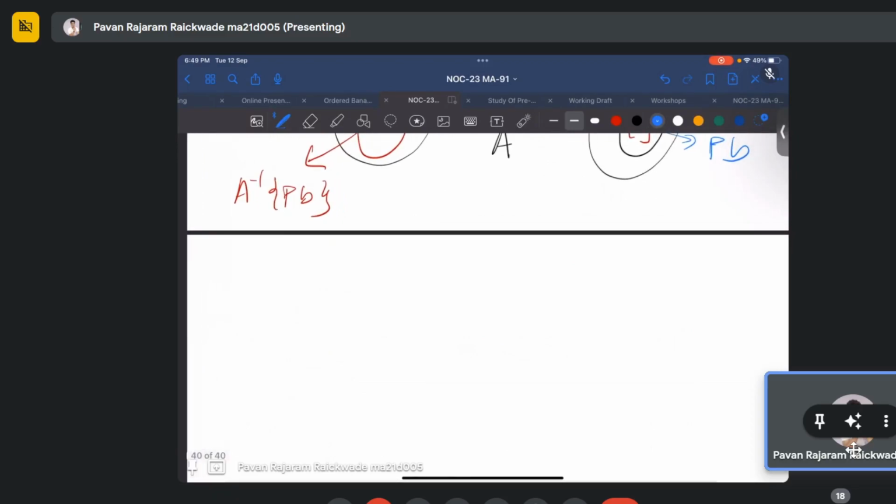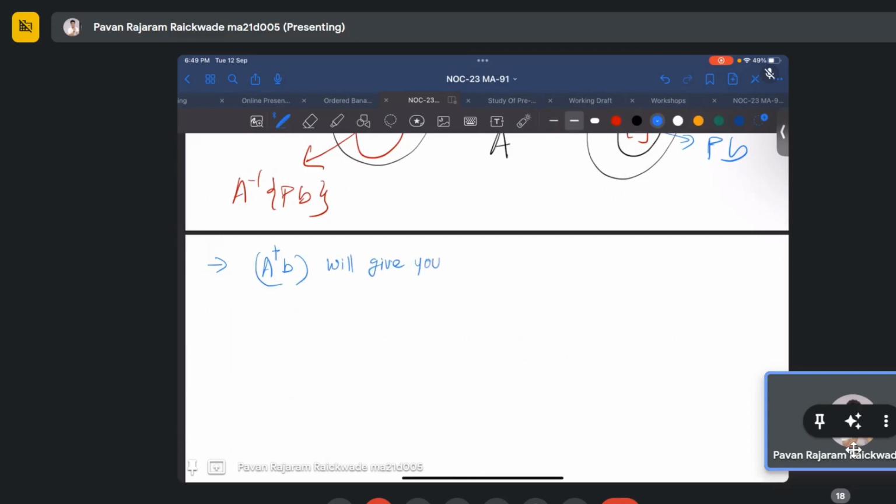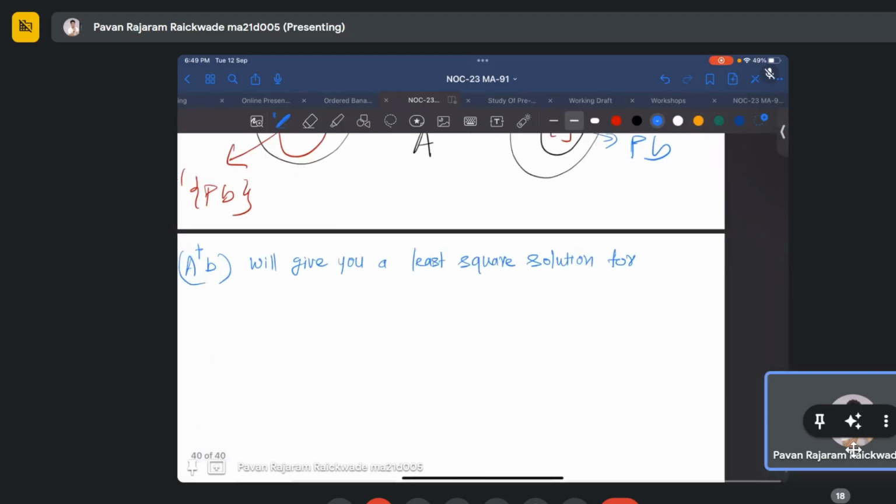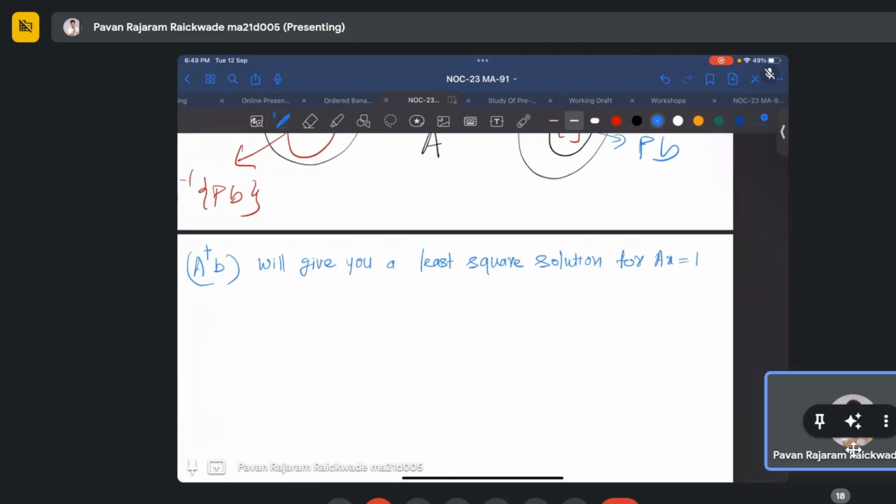Now what I'll do is, what we have seen is A dagger B will give you a least square solution for the system Ax equals B, right?